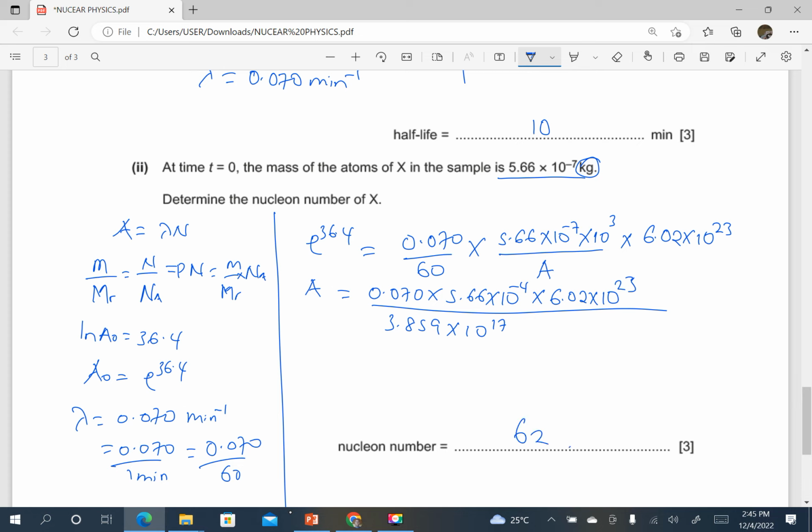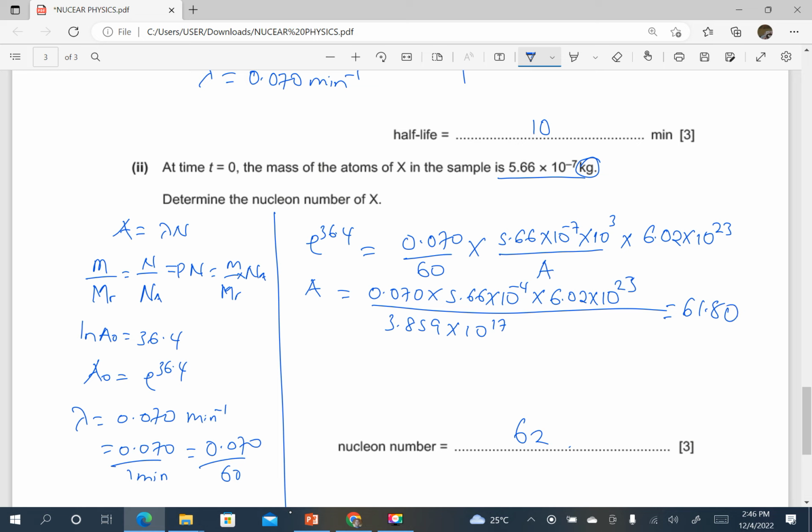Let me check it again. Yeah, it is 62. So this is 61.80.